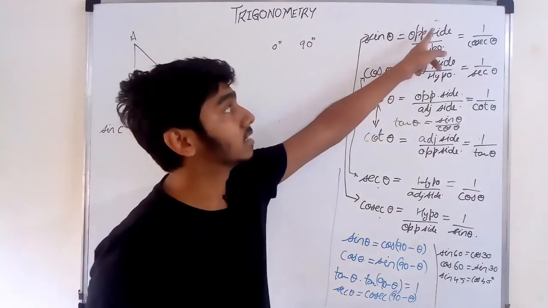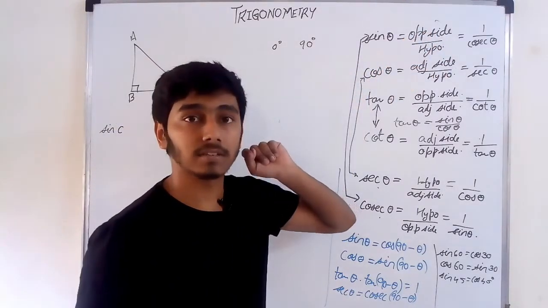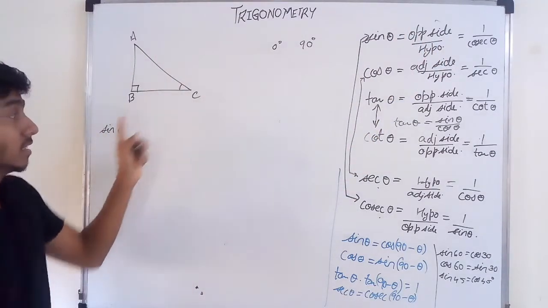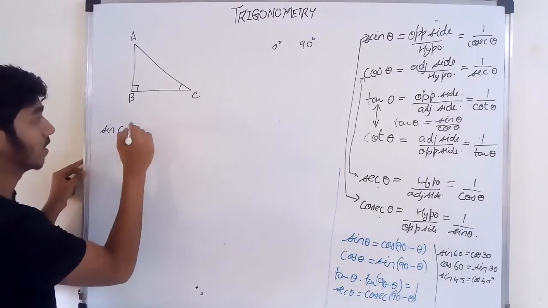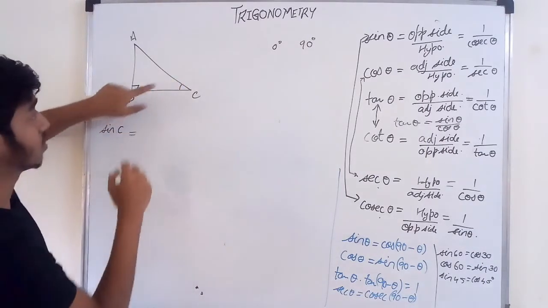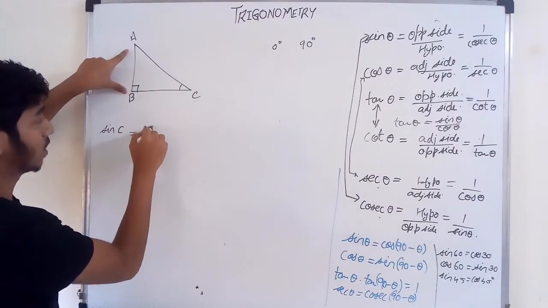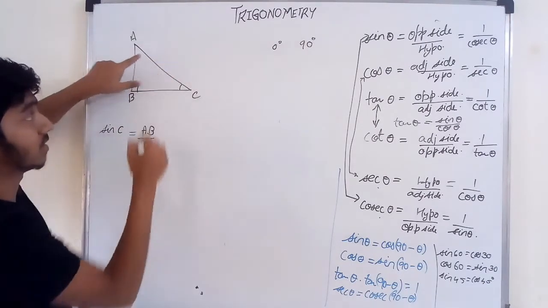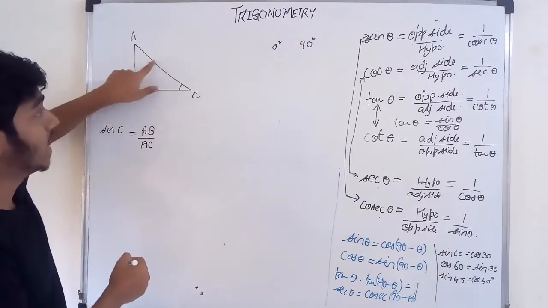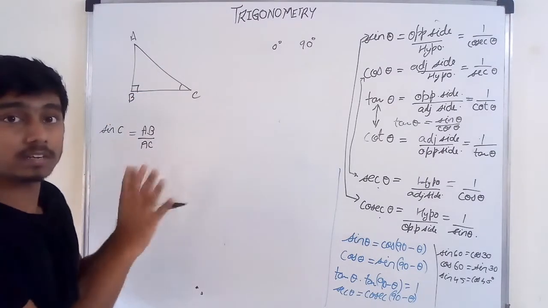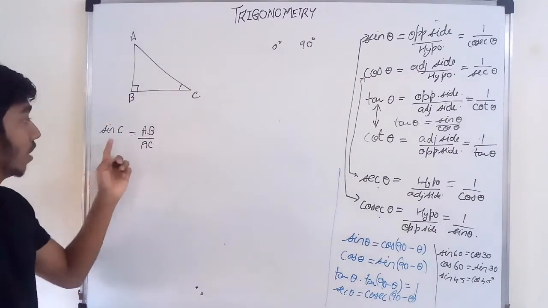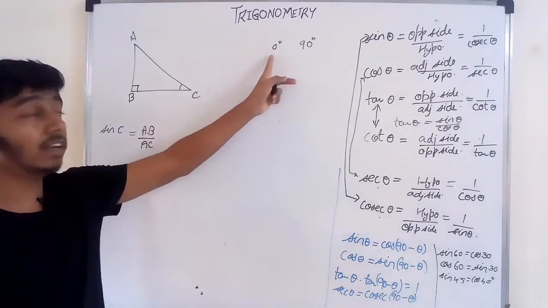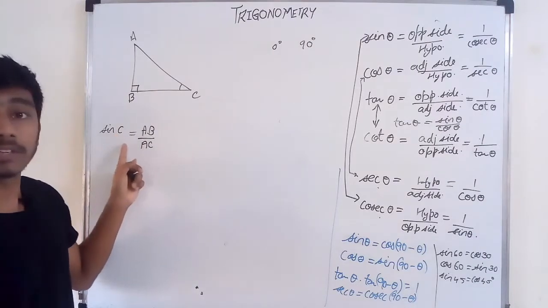Sine, you know, is opposite side upon hypotenuse for any angle theta. So for this angle C, sine is opposite upon hypotenuse, so opposite is AB, AB upon AC, correct. Hypotenuse is this, that is understood. The side opposite to 90 degree is the hypotenuse, that you know. Therefore now we have got sine C, right? What are we supposed to find? Sine 0, yes or no?